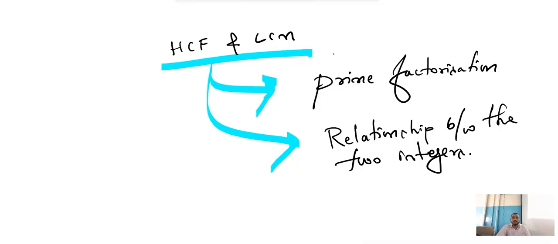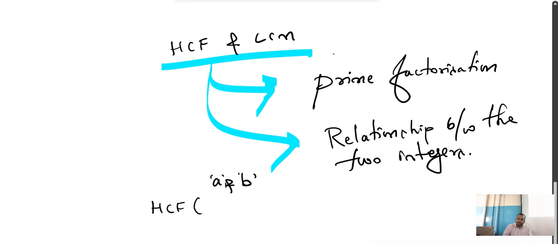Write the relationship between the two integers a and b. So what is the relationship?